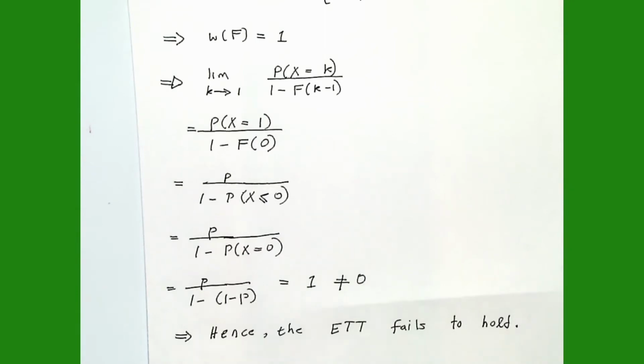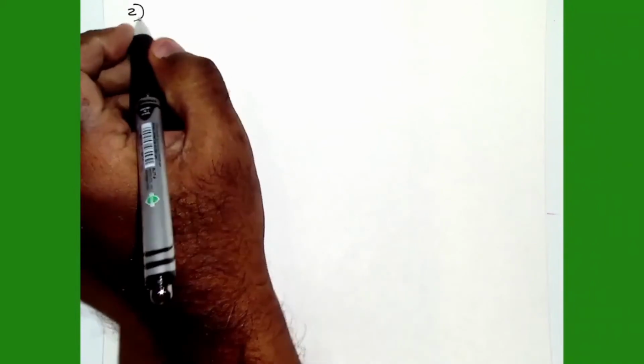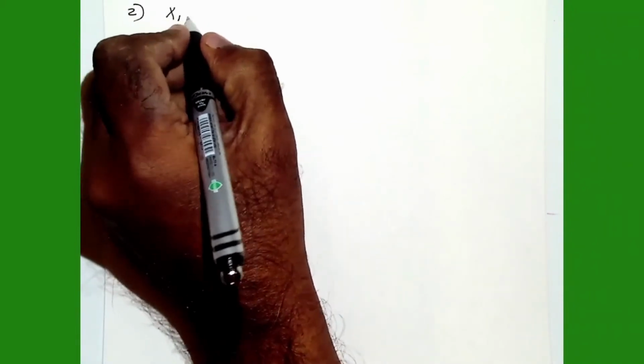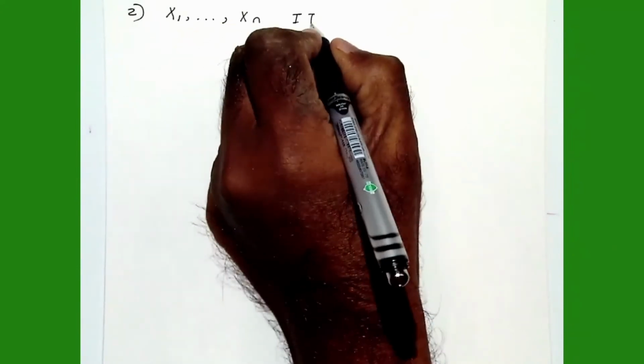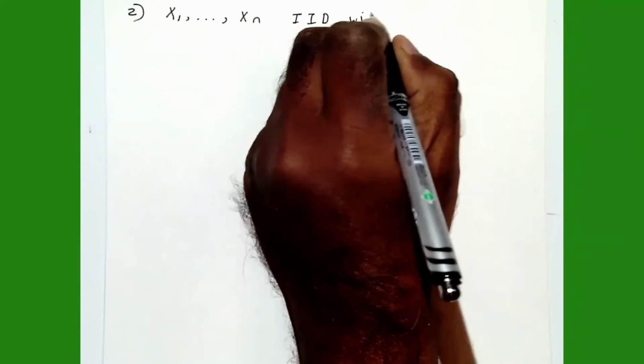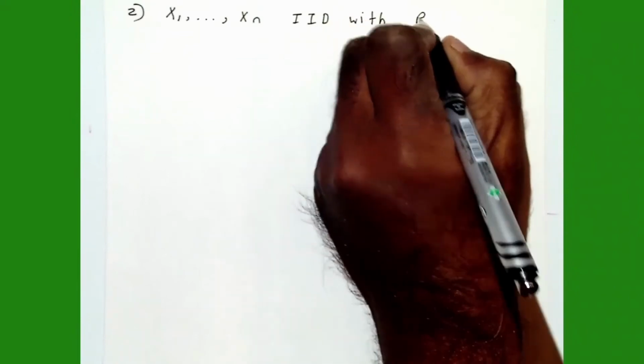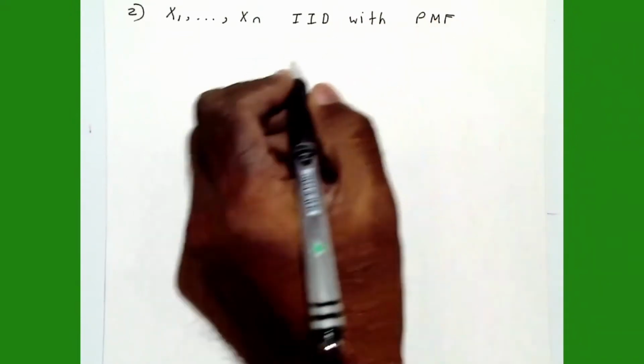Question 2 is the following. You have, once again, a random sample, IID, with the probability mass function, PMF, given by this.